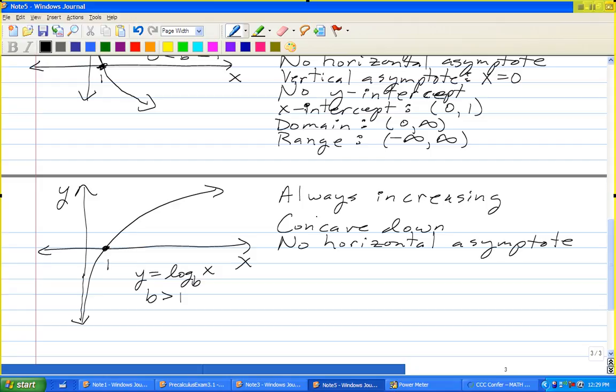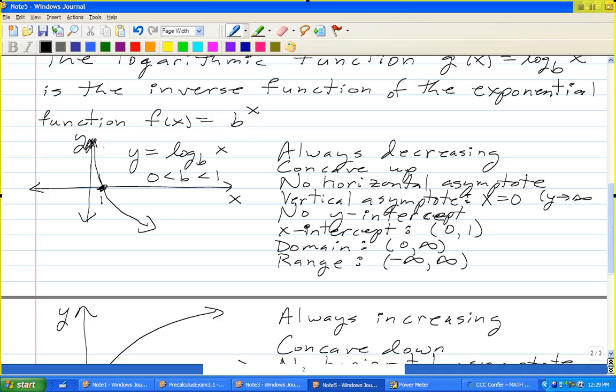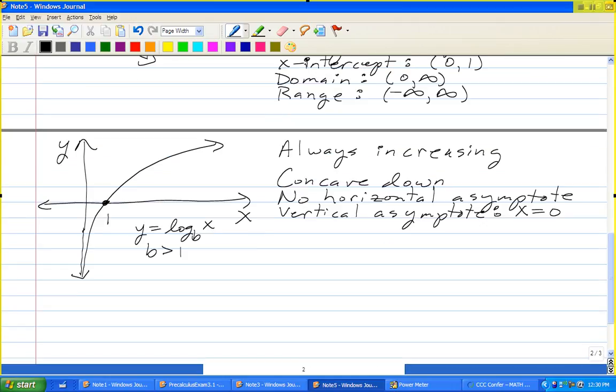The vertical asymptote is x equals 0. Oh, but you notice for here, y approaches positive infinity. But here, y approaches negative infinity.